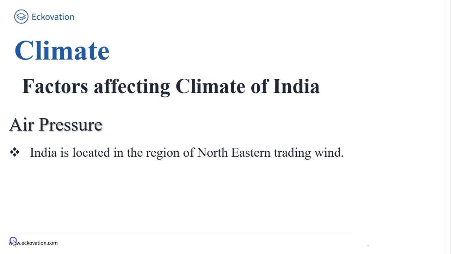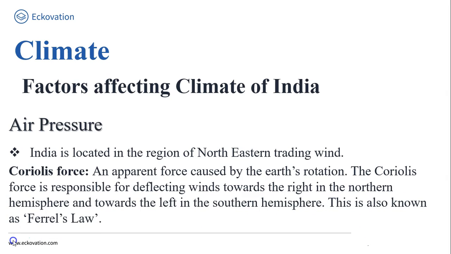My dear friends, when we talk about India, India is located in the region of northeastern trade winds, और ये जो winds होते हैं वो basically originate करते हैं sub-tropical high pressure belt of northern hemisphere से, और they blow south, get deflected to the right due to Coriolis force, and move onwards towards the equatorial low pressure area. Friends, we should know here कि what is this Coriolis force.